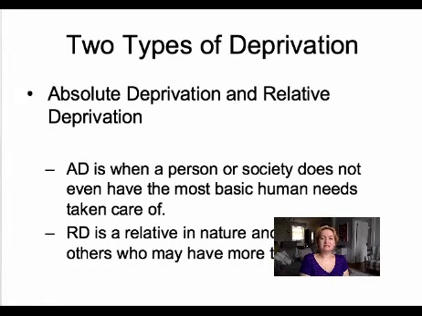Relative deprivation is relative in nature and compared to others, and it requires this comparison of one person to the others who may have more than this person has. Some groups or individuals in the same society have more privileges and benefits than the other. So the comparison and relationship with the other who are better off causes frustration and eventually conflict.